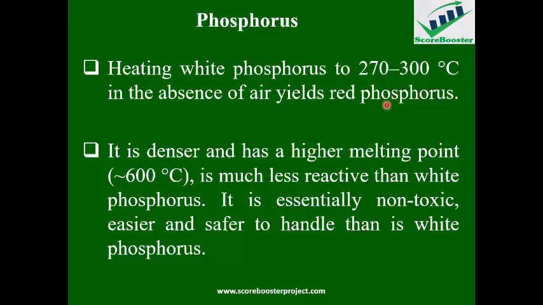So phosphorus can complete the outermost shell. In the covalent bond, it has 8 electrons. It has a completely filled shell.